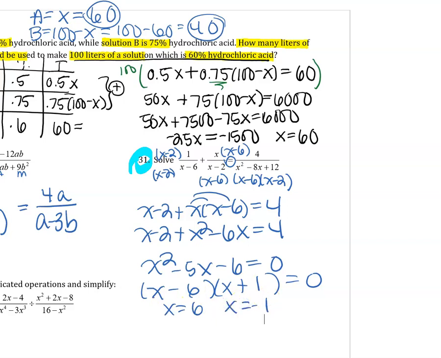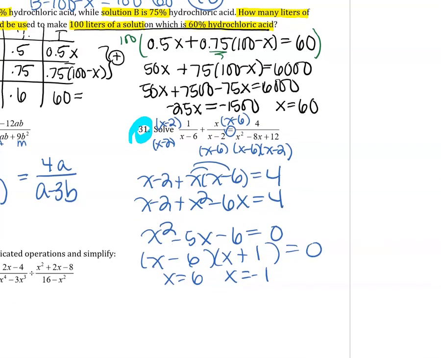Okay. Now remember, with rational equations, you always need to check to see if it causes anything to go undefined. So if you look back at your denominators, look at that. If you were to plug in 6 in that denominator, that would cause that to go to 0. Likewise, this would also go to 0. Okay?